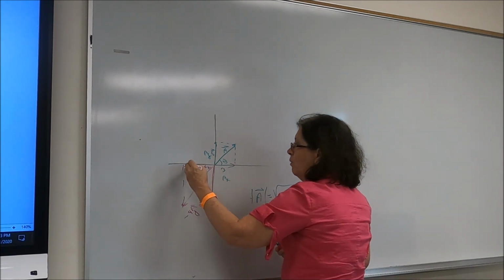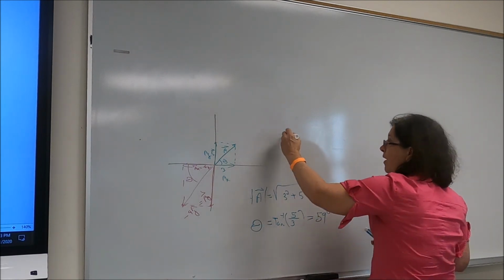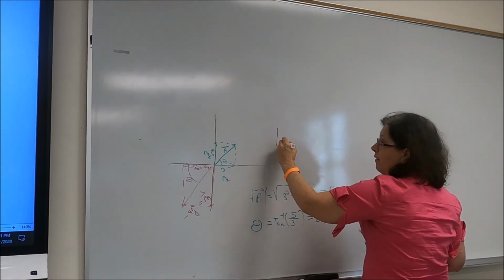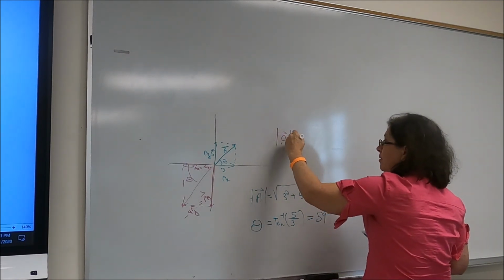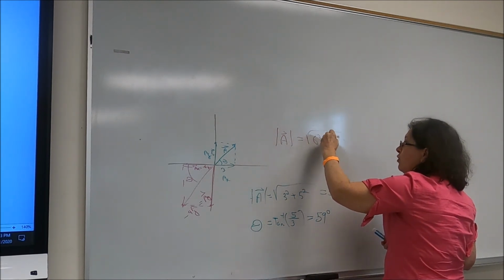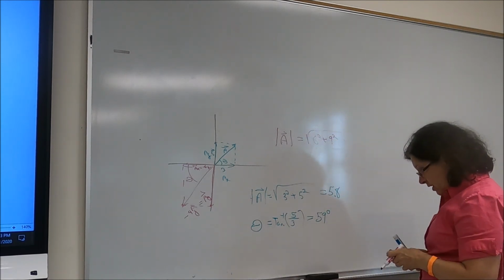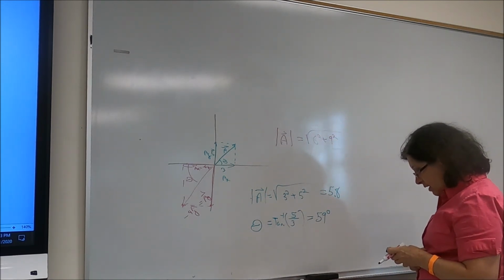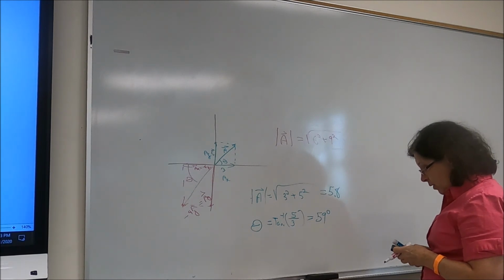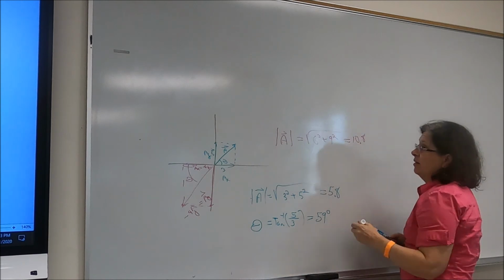My angle theta would be this one, okay? So if I want to get the magnitude of this vector, my pink A, it's just going to be the square root of 6 squared plus 9 squared. So 6 squared plus 9 squared. Take the square root of that, and I get 10.8.